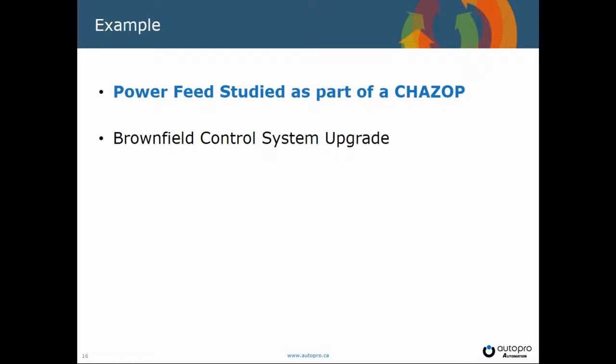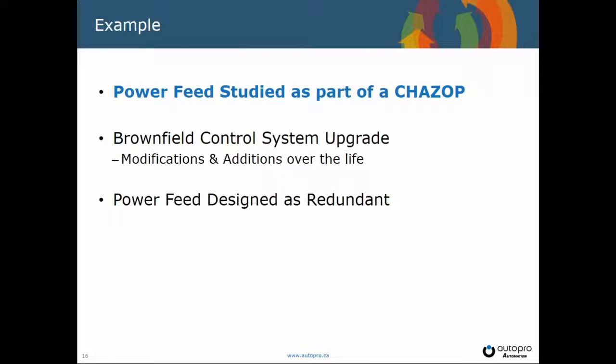So as an example, for power feeds that are studied, we did look at a power feed on a brownfield control system. We were doing an upgrade, and the plant had several modifications and additions over the life, which all plants do, and things were added, things modified, changed, grew.